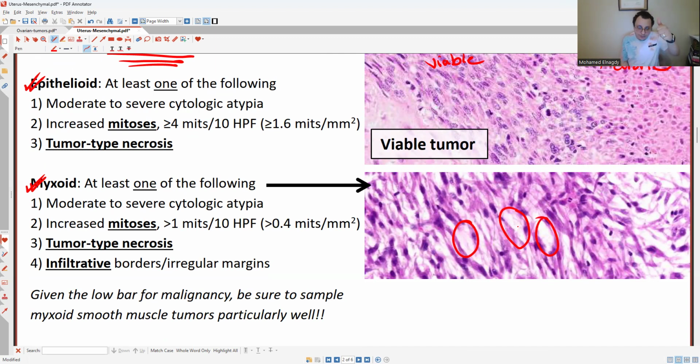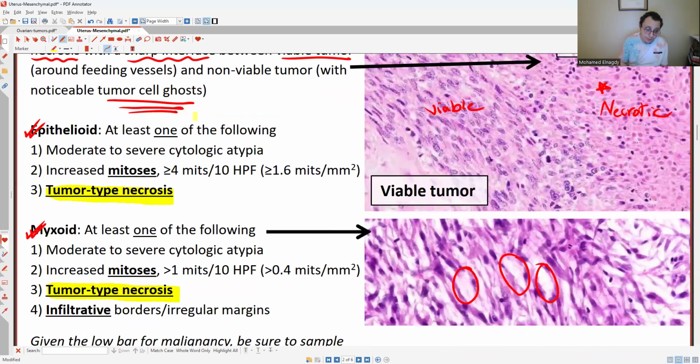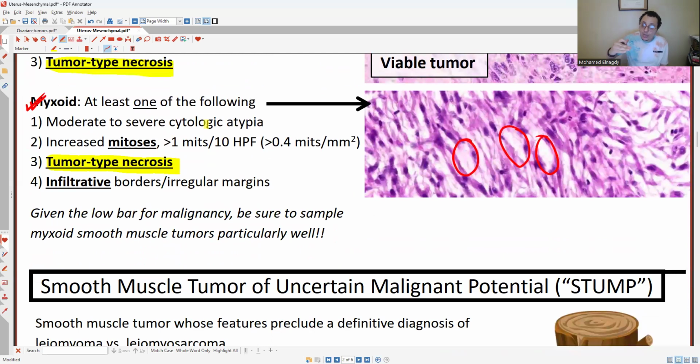However, still you see the cytological atypia, the mitosis, the tumor type necrosis and infiltrative borders. What's common between all of them is the tumor type necrosis. So please remember that this is the most important histopathological criterion to upgrade a leiomyoma to a leiomyosarcoma. Okay?